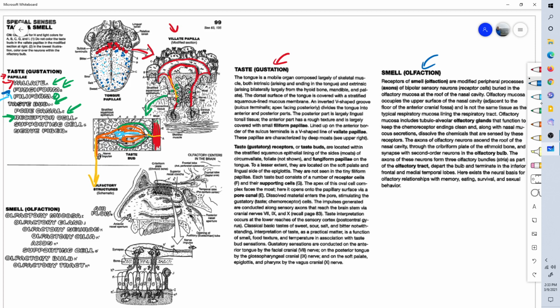The signals from the taste bud are sent down this nerve, and they reach the brainstem through cranial nerve 7, the facial nerve, the hypoglossal nerve, and the vagus nerve. They are taken to the sensory cortex of the postcentral gyrus, for sweet, sour, salt, bitter.